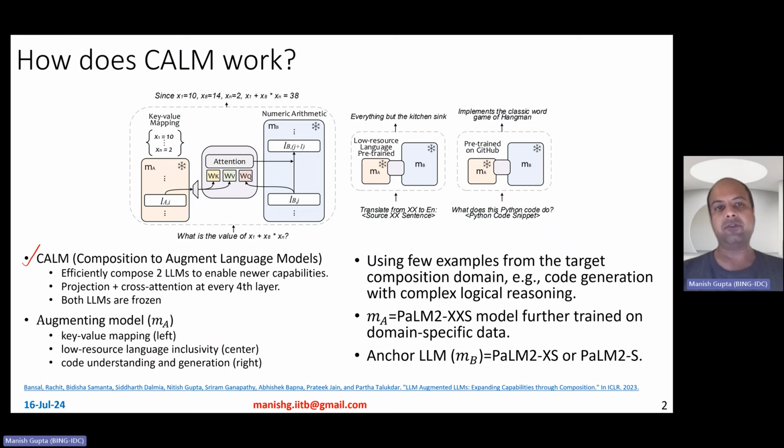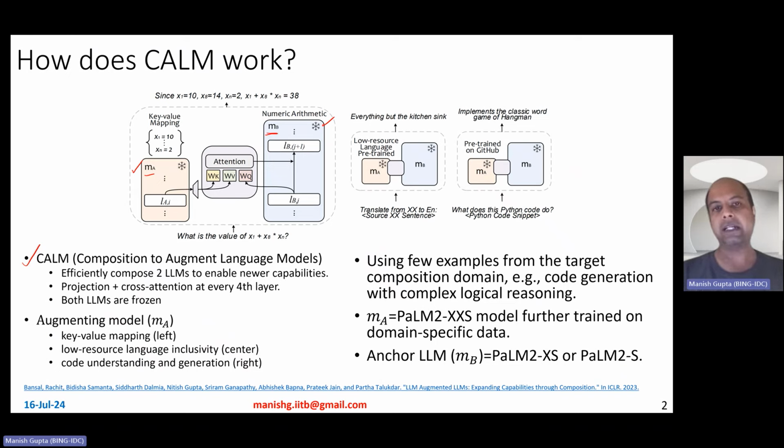So the idea is that you have two language models. Let's call them MA and MB. In general, MA is a language model which knows a particular specific skill. It is also called the augmenting model, while there is another model MB, which is more like a generic model.